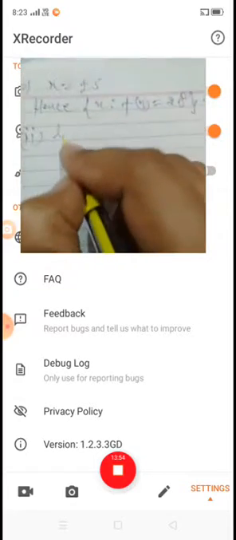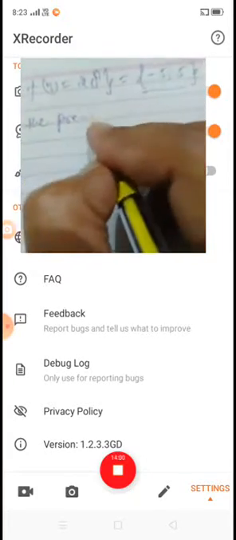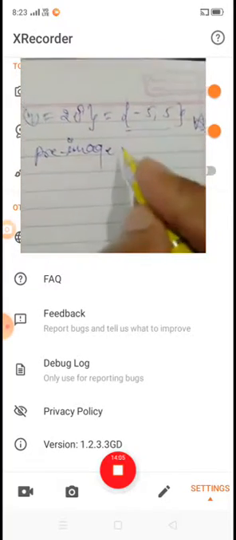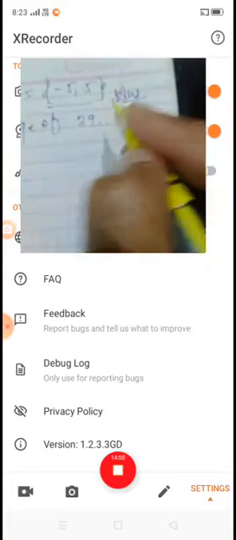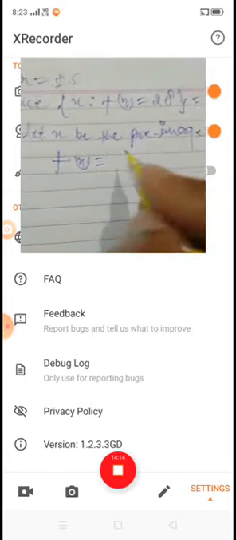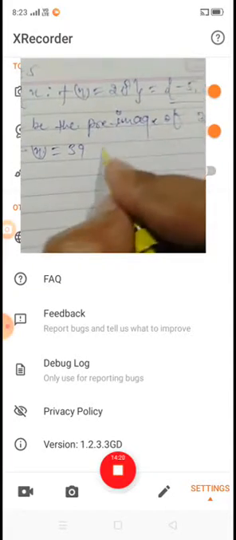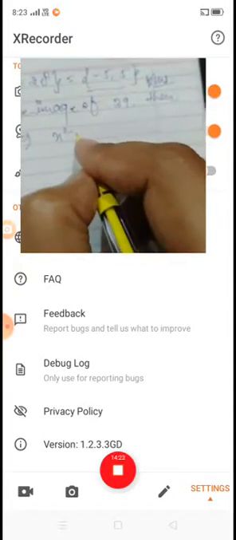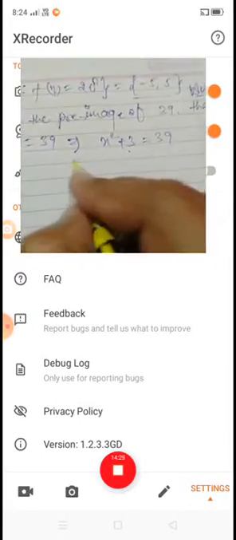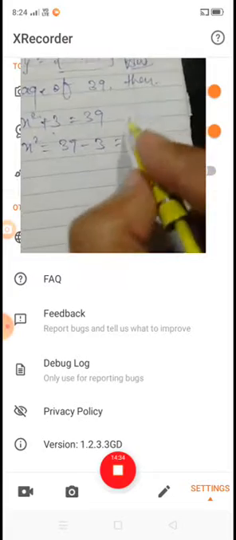First of all, let x be the pre-image of 39, then f of x is equal to 39. We have the function f of x is equal to x square plus 3 is equal to 39, that is x square is equal to 39 minus 3, we have 36.